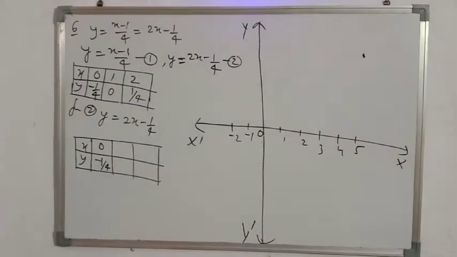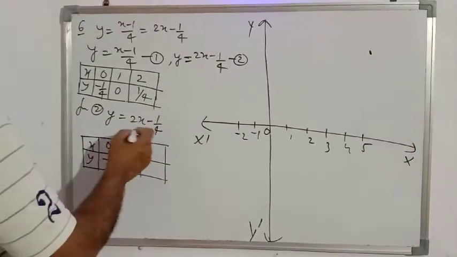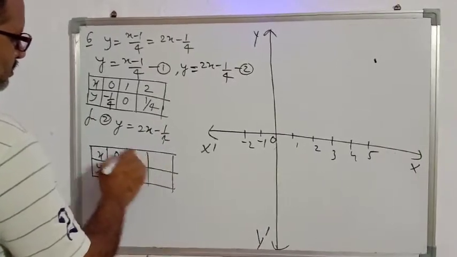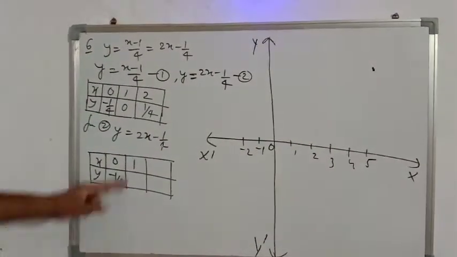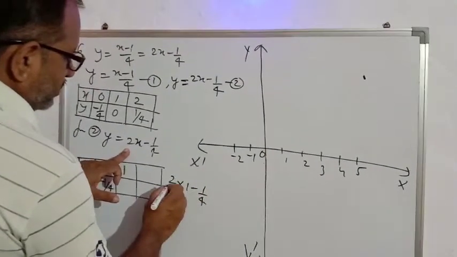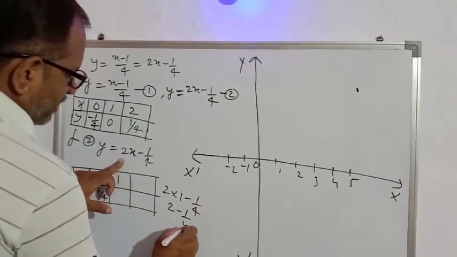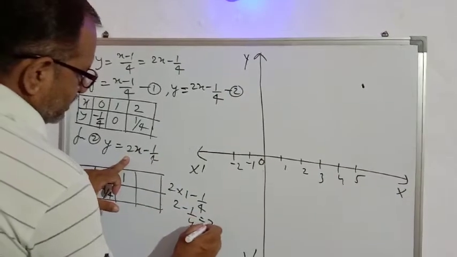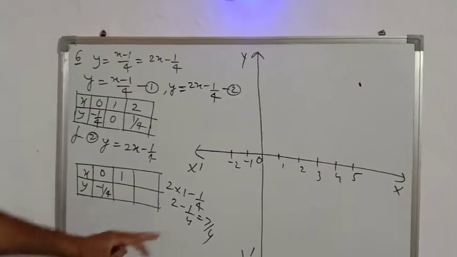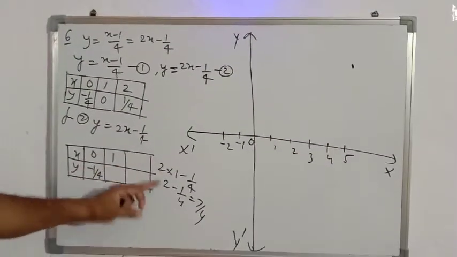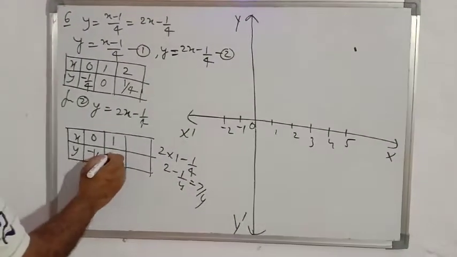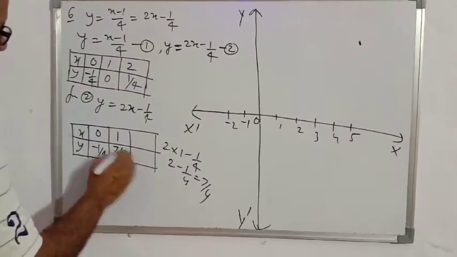Next, if x is equal to 1, so what will we get? 2 into 1 minus 1 by 4, 2 minus 1 by 4, 4 2 is 8, 8 minus 1, 7 by 4. So we will write here 7 by 4.